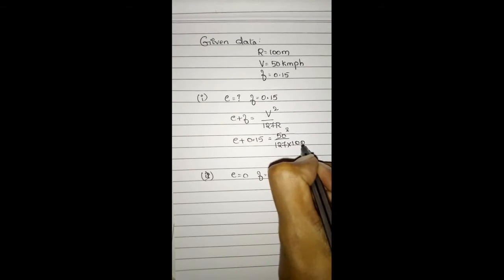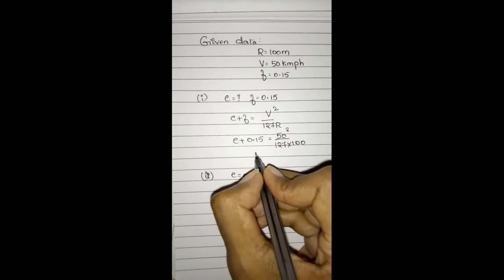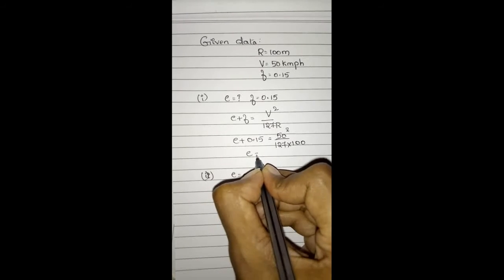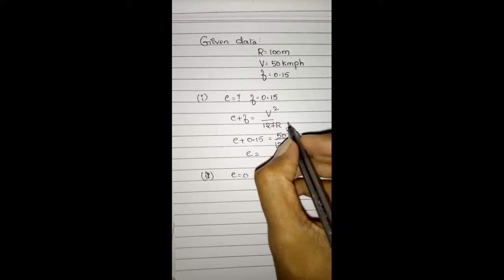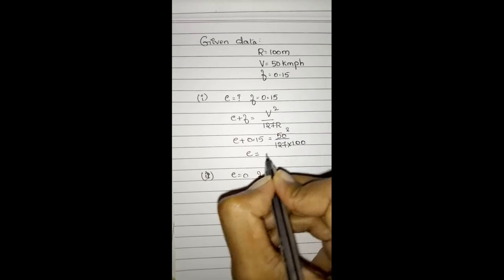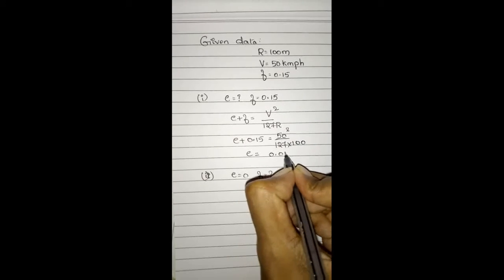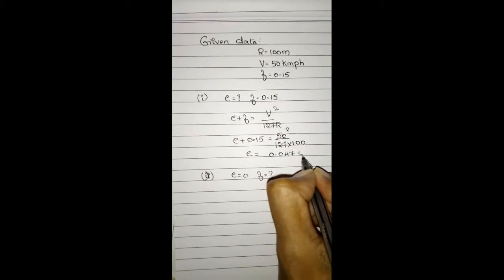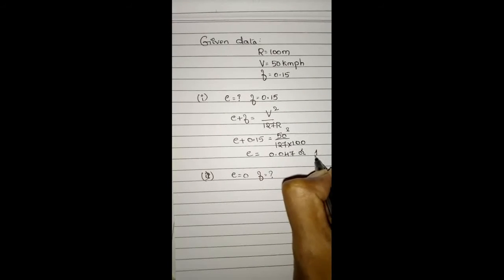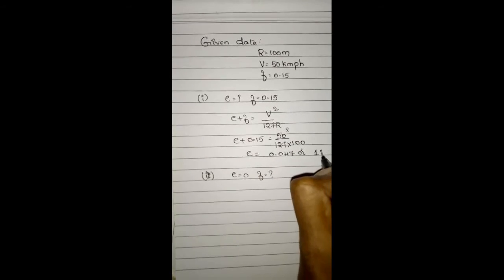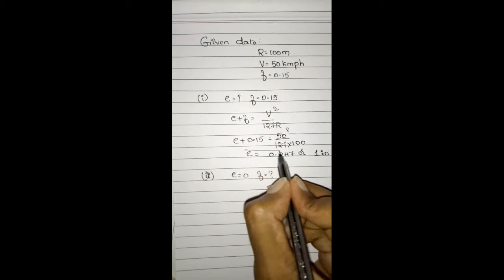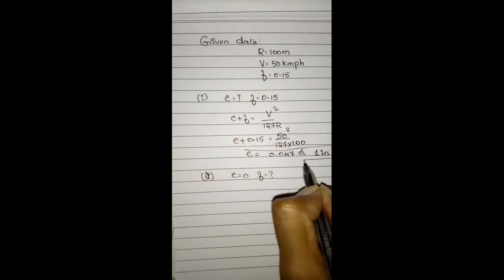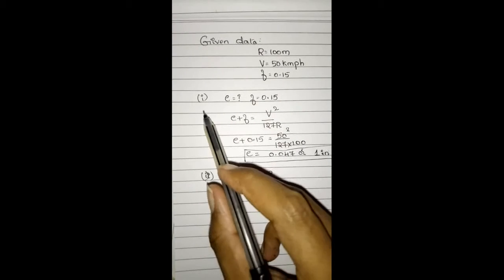So the value of E is 0.047, or else I can also write it as 1 in 21.27. So this is the value of E for the first case.